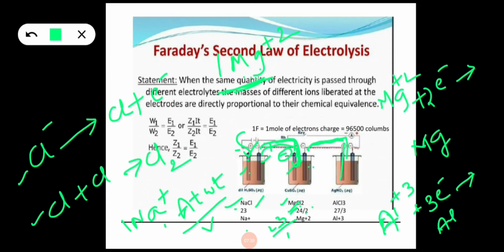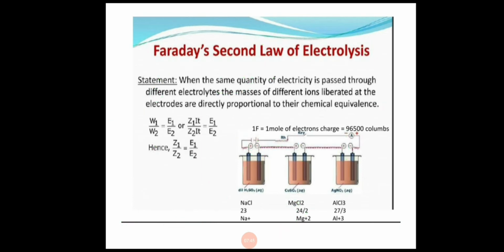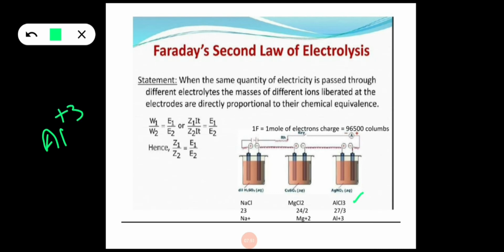So again 1 Faraday of electrons will come out here, and these are taken by Al plus 3. Again here 1 mole of AlCl3 is present in the solution. 1 mole means again it will contain 1 mole of Al plus 3 ions. The atomic weight of aluminum is 27, so 27 grams of Al plus 3 is present. So 1 mole of Al plus 3 needs 3 moles of electrons to convert to aluminum and get deposited on the electrode.